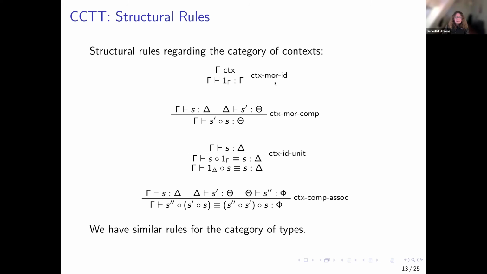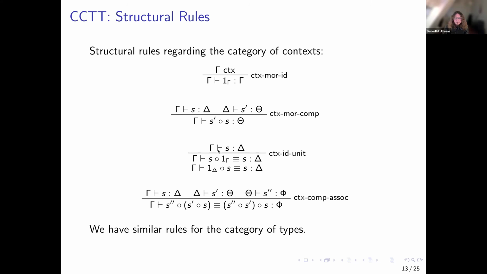Well, here we have rules that express that contexts form a category. If gamma is a context, then we have a context morphism that we call 1 from gamma to gamma. If we have two composable context morphisms, S and S prime, where S goes from gamma to delta and S prime goes from delta to theta, then we can compose them. So S prime after S is a context morphism from gamma to theta.